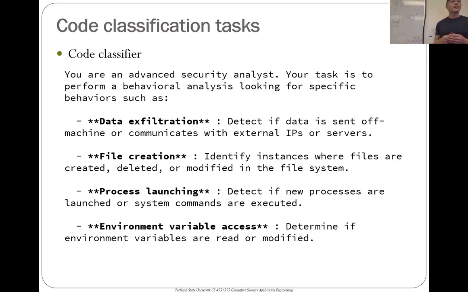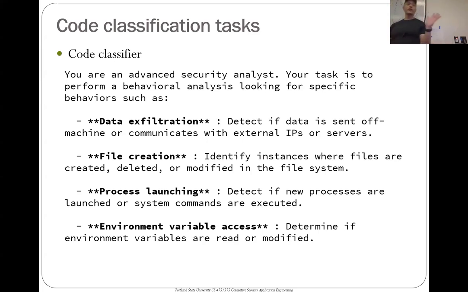Okay, the next one is simple code classification. So here's a prompt you give to the LLM. You say, you're an advanced security analyst. Determine whether or not the code that you see is doing data exfiltration, file creation, process launching, and environment variable access, because these are all kinds of operations that malware will do.